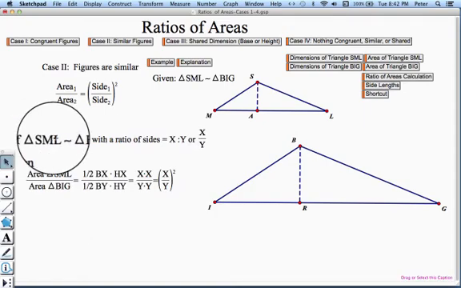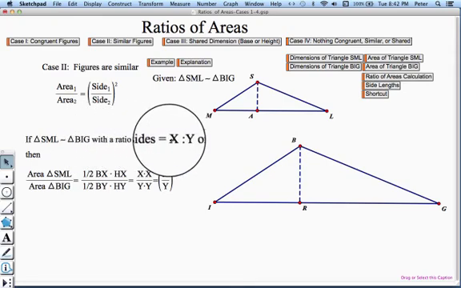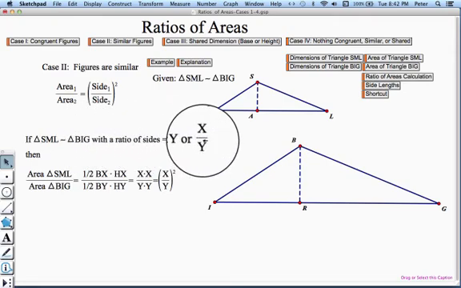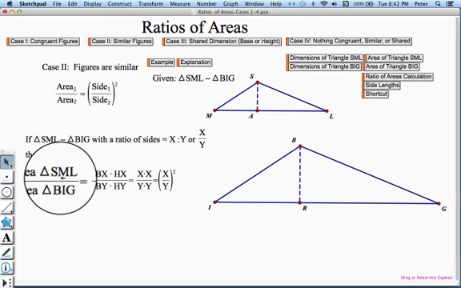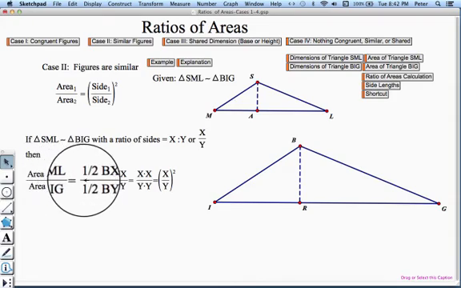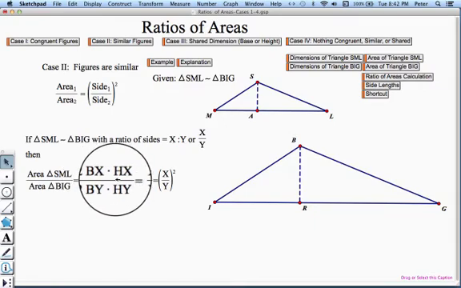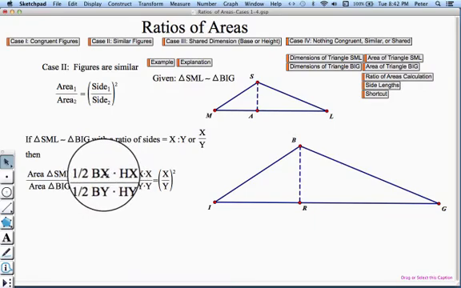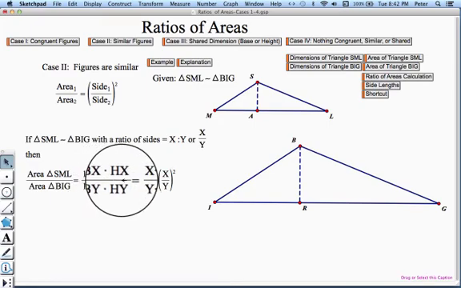If triangle SML is similar to triangle BIG, and let's say the ratio of the sides was x to y, or if you like as a fraction, x over y, then comparing the ratio of the two areas, we would calculate 1/2 the base times the height. But keep in mind, since the ratio of the two triangles is x to y, the ratio of their bases will be x to y, and the ratio of their heights will be x to y.